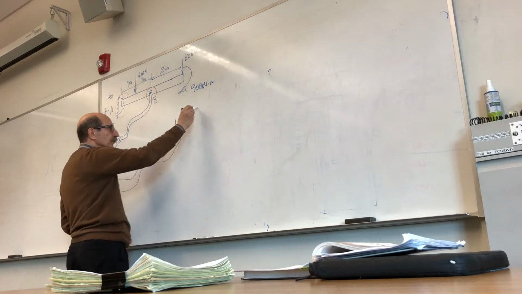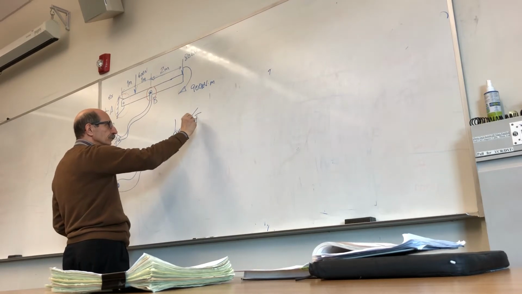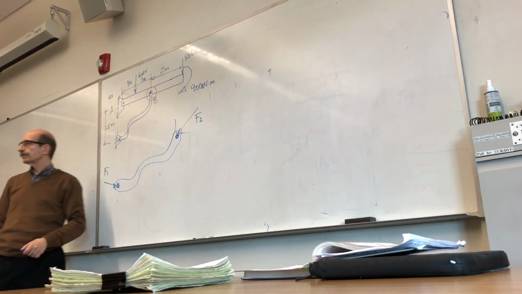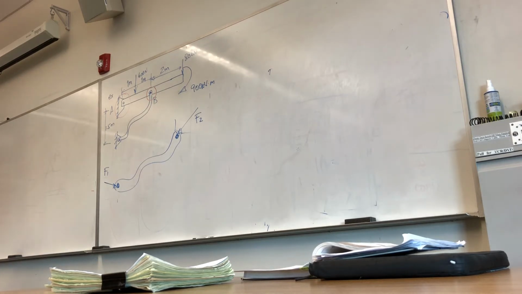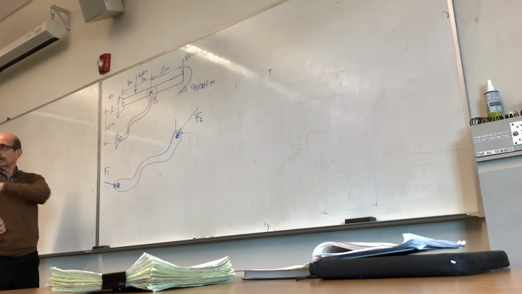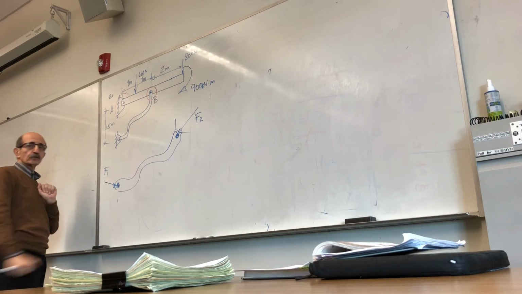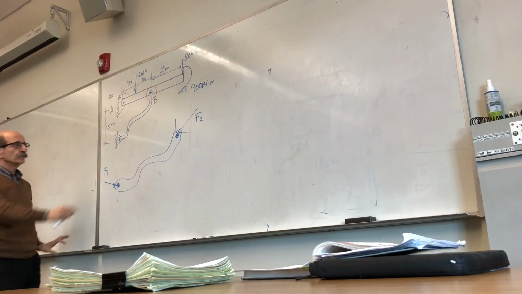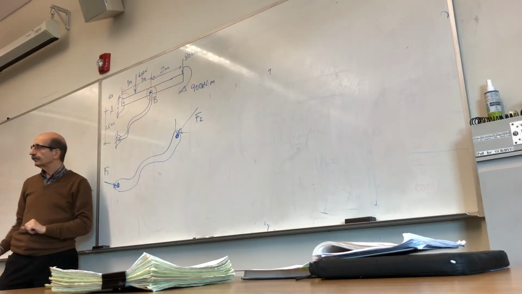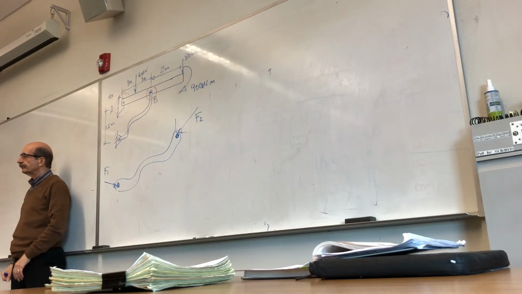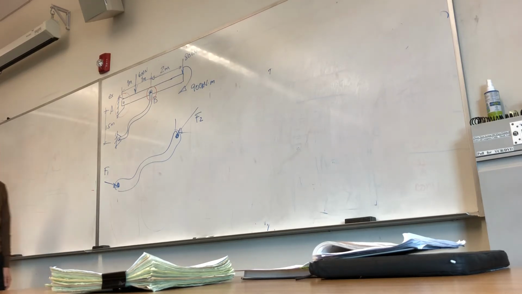I call the resultant F2. And those are the only two forces that are acting on this structure. In other words, there's no load acting along this structure. It is only supported at these ends. And this is in equilibrium, okay?